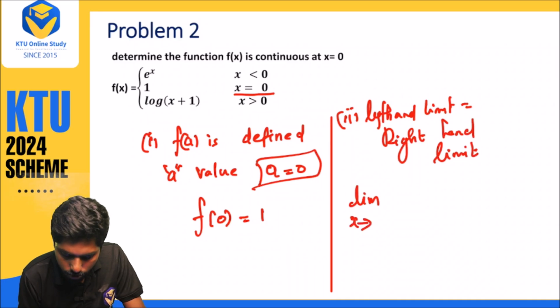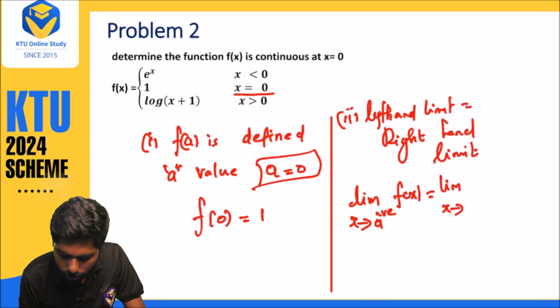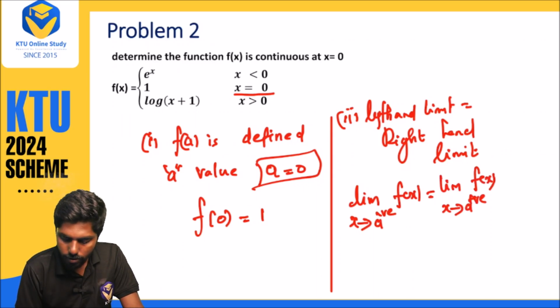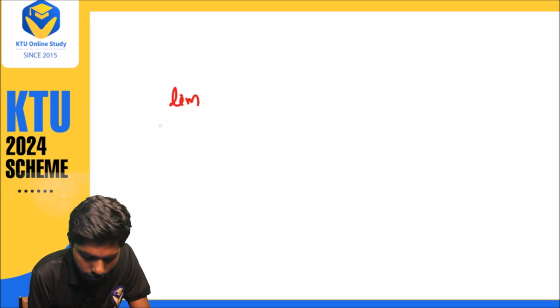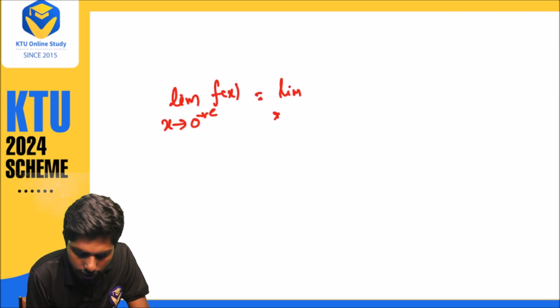X approaches a in the negative direction, that means in the less than direction, that is f of x, equal to limit x approaches a in the positive direction, that is f of x. So when limit x approaches 0 in the negative direction, what is happening? Our f of x is equal to limit x approaches 0 in the positive direction of f of x.